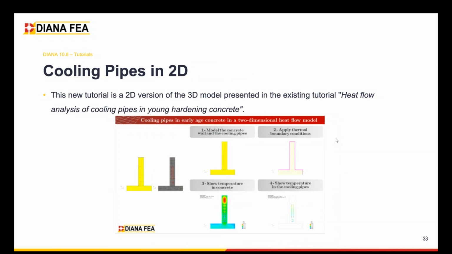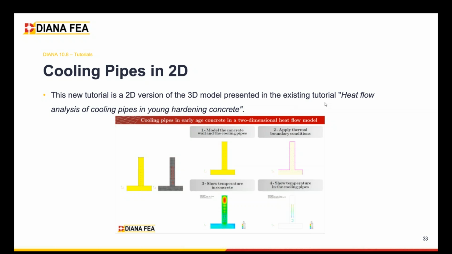Then, as Milad already mentioned, we have a new tutorial that demonstrates how to use our new feature of cooling pipes in 2D models. What we did was a 2D version of an existing model that we have in our tutorial, heat flow analysis of cooling pipes in young hardening concrete.